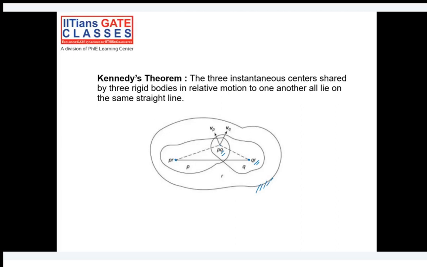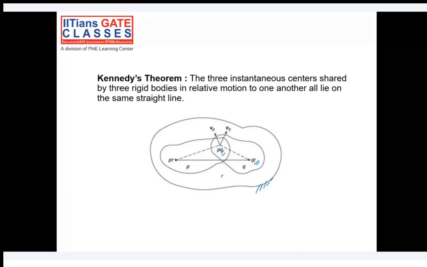So what Kennedy's theorem says is that if three instantaneous centers are shared by three rigid bodies in relative motion with each other, okay, then I think some words are missing here.